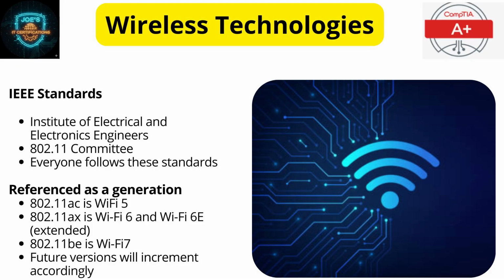They then refer to the 802.11 AX standard as Wi-Fi 6 and Wi-Fi 6E for extended. And the 802.11 BE standard is also called Wi-Fi 7. This makes it a bit easier to differentiate between versions, so instead of using those 802.11 names, you can simply use Wi-Fi 5, Wi-Fi 6, Wi-Fi 7, and so on.